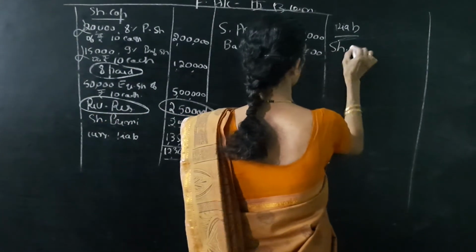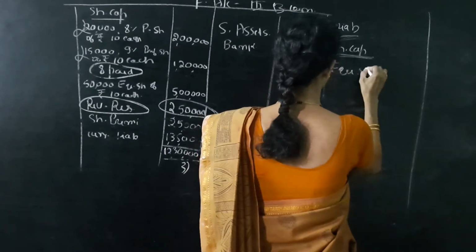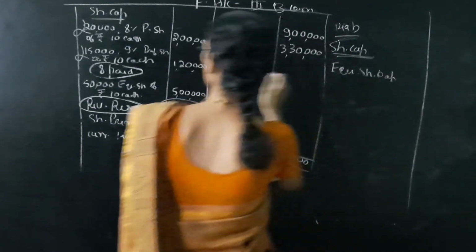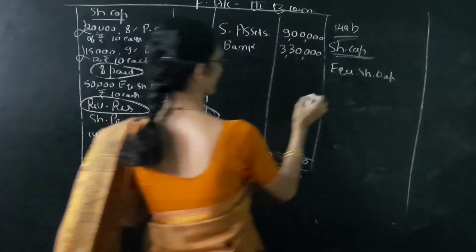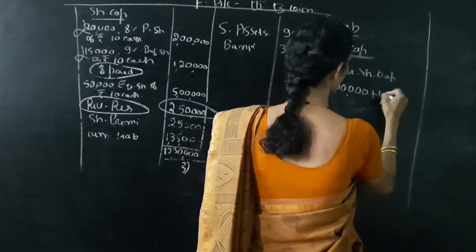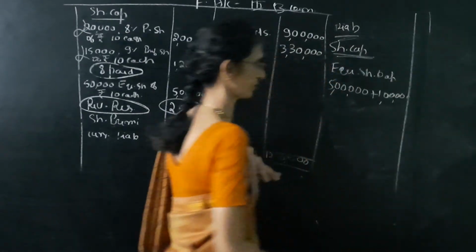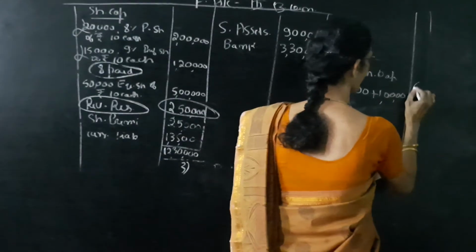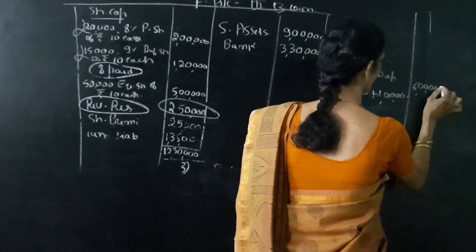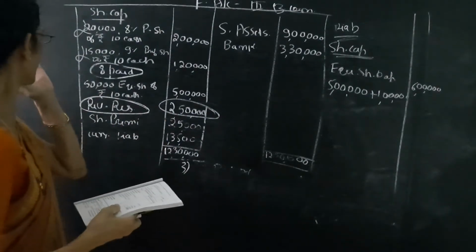Then share capital we have to take: equity share capital. We already have equity share capital of rupees 5 lakh. See the fresh issue; we made a fresh issue of 1 lakh. So now we have equity share capital of rupees 6 lakh.